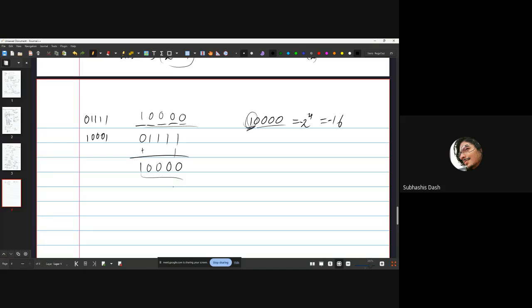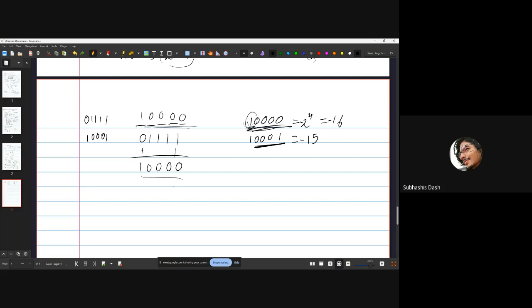So can you tell me, is this one bigger or this one? Keep in mind that in this case, we are only considering these 4 as the magnitude, since this is its own 2's complement. That's correct. This one is represented as minus 15, and that one is minus 16.